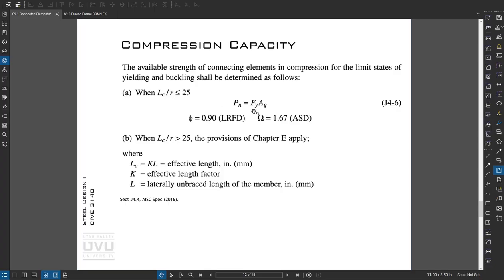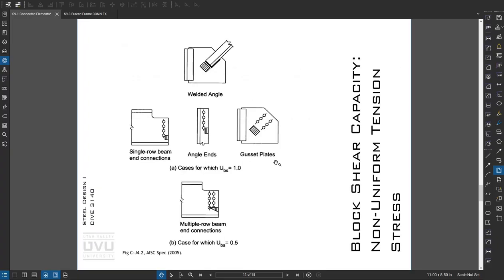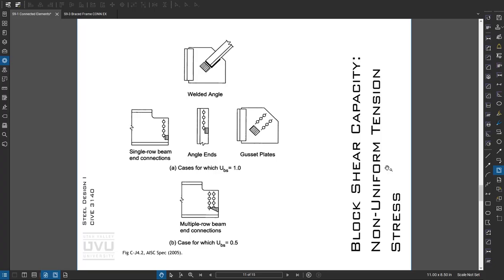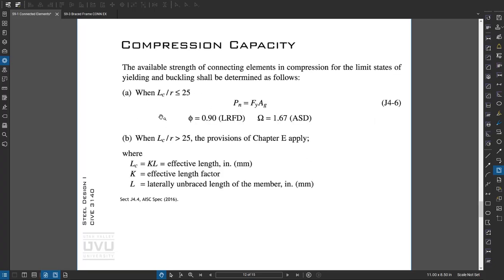So basically no buckling. If it's greater than 25, then we can use the column chapter equations to calculate things. Ideally, if this is new design, we have the ability to configure our joint so things aren't going to buckle. So I may choose to move that interface up here so my buckling length is less, thereby meeting this L over R criteria of less than 25.